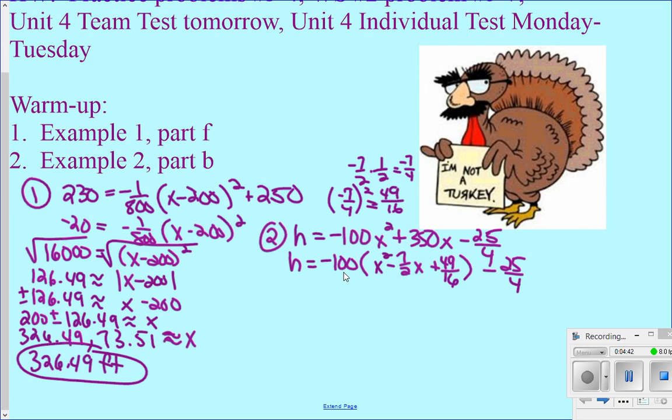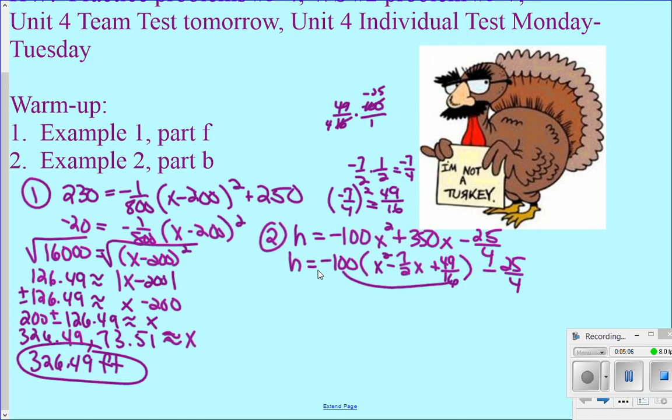But remember, we have that negative 100 in the front, which means that 49/16 is actually being multiplied by negative 100. So I'm going to simplify that on the diagonals before I multiply. 16 and 100 have 4 in common, so factor out a 4 and factor out a 4. And now I just have to use the calculator to help me here. 49 times negative 25 and 4 times 1.